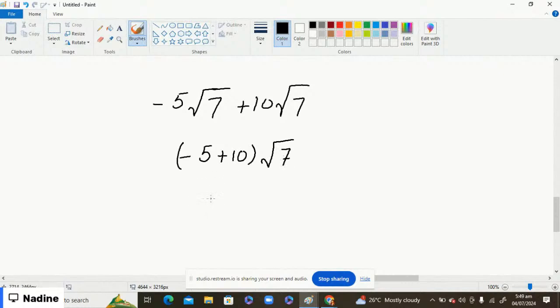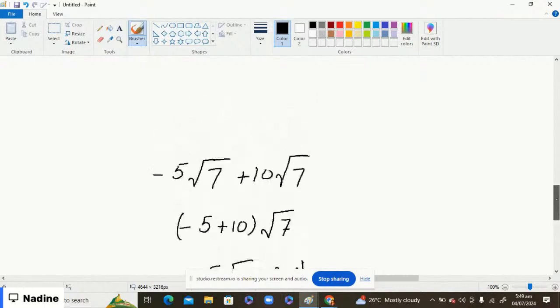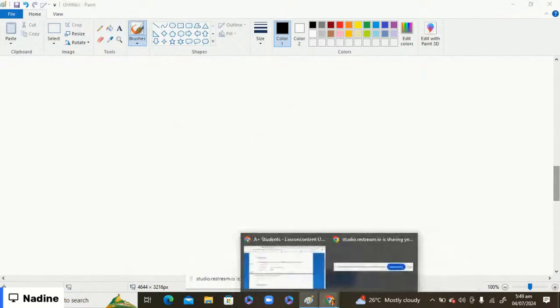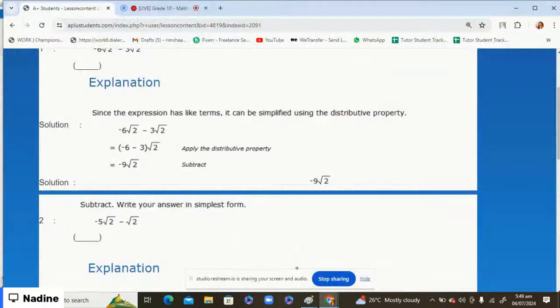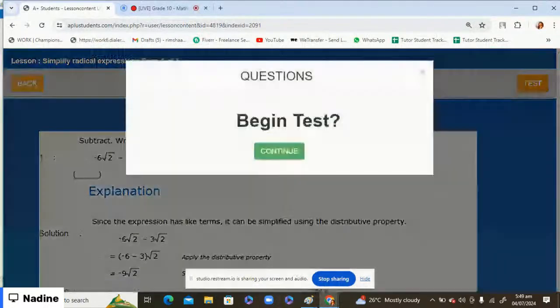So minus 5 plus 10 is 5, and 5 square root 7 is your answer. This is what we have done in those questions. Now let's do some test questions.